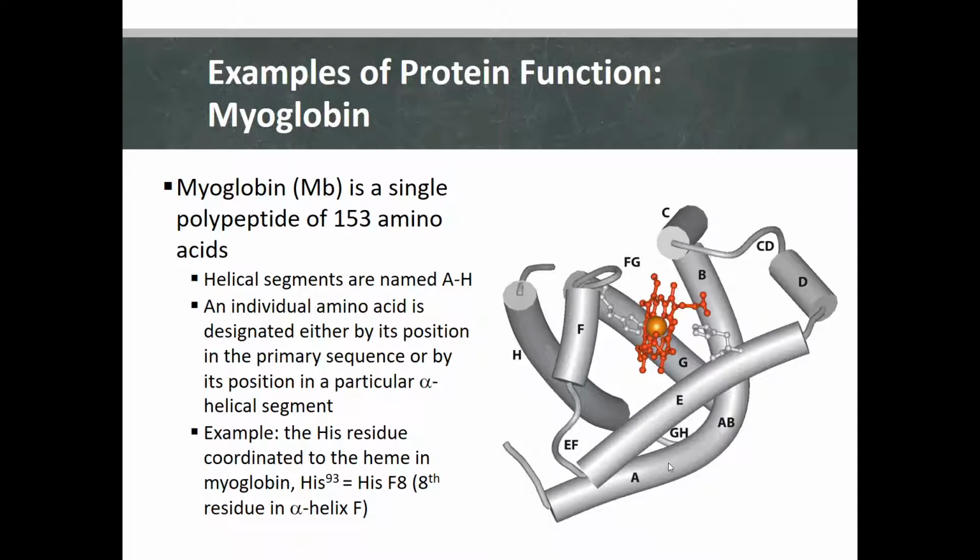You're going to see that we actually note in some cases bends. So here you have an alpha helix that bends. These are considered as actually two different alpha helices. The bend is what connects helix A with helix B, and that connector, that bend, is designated as AB.